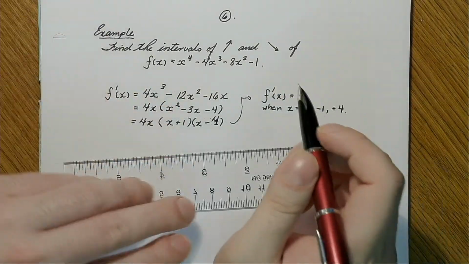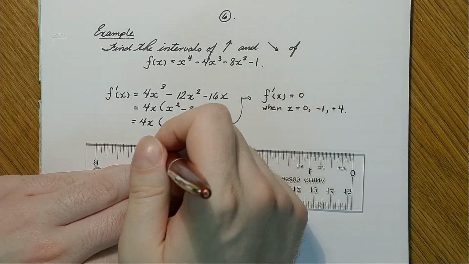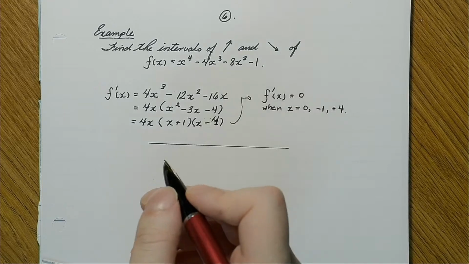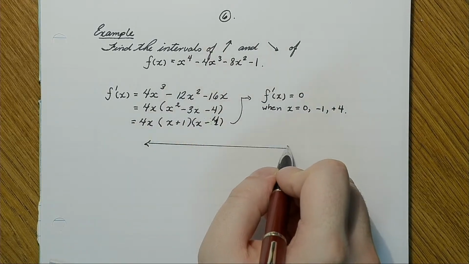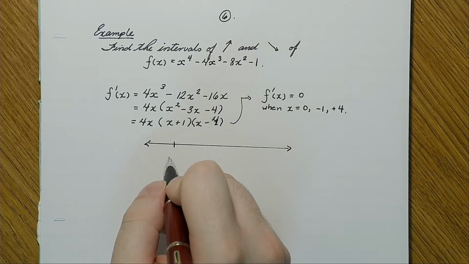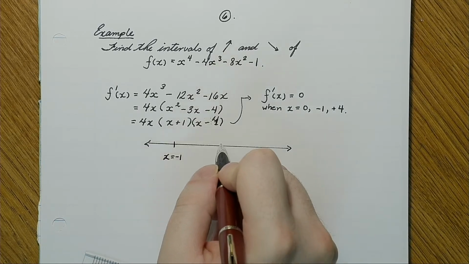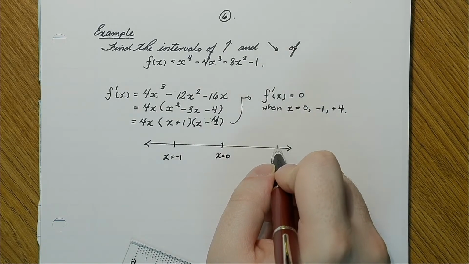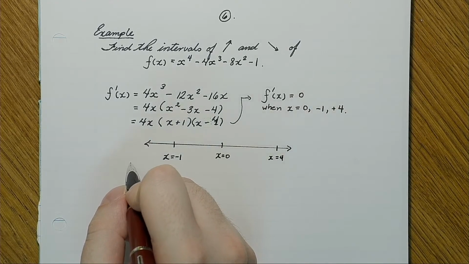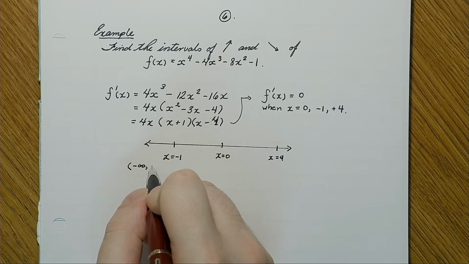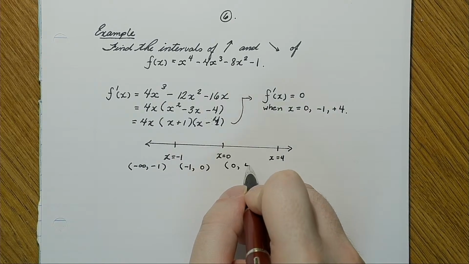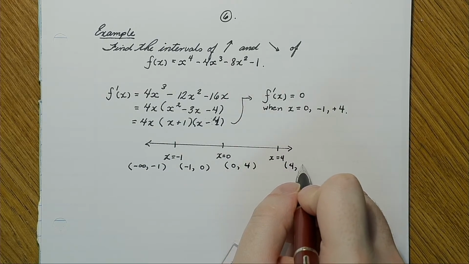So same idea again, I'll do my table, basically. So now I have minus 1, x equals 0, and then x equals 4. So now instead of the 3 that I had last time, I think I have 4 intervals to look at.